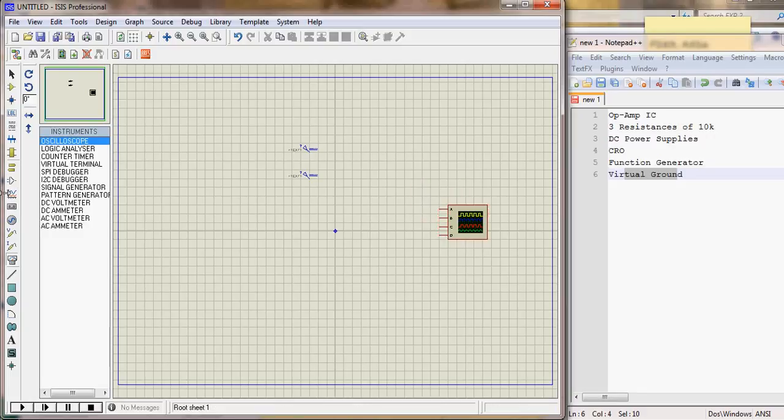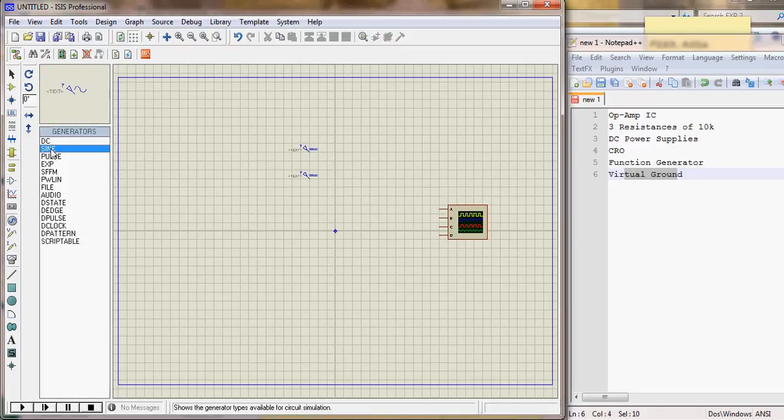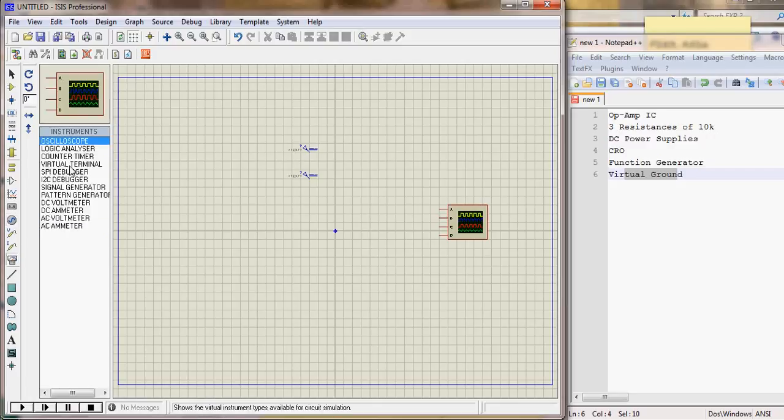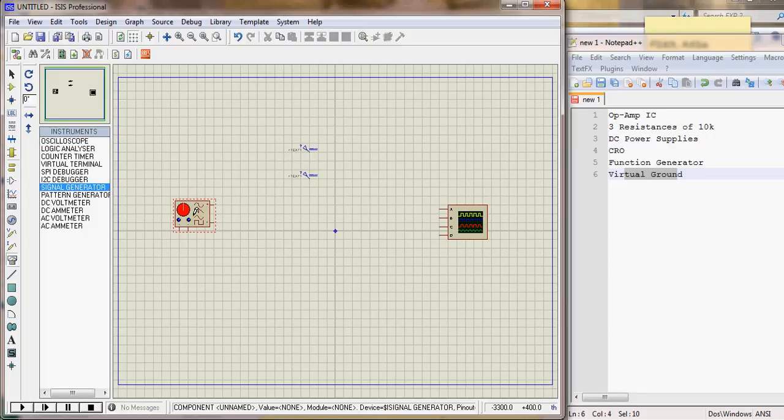Then we need function generator. So for function generator, here it is, signal generator. Take the signal generator. Then virtual ground that we will find in this.